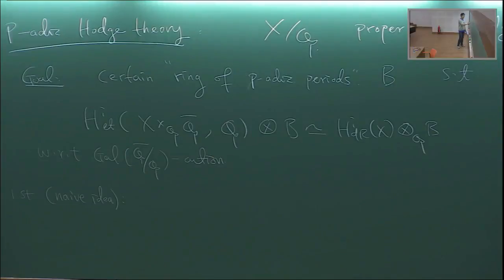You get the complex numbers on the Archimedean side. Then you take an algebraic closure on the p-adic side. However, this is an infinite extension, so this is not complete. Then to have good properties, you take the completion. So maybe the first naive idea is just to take B equal to C_p.